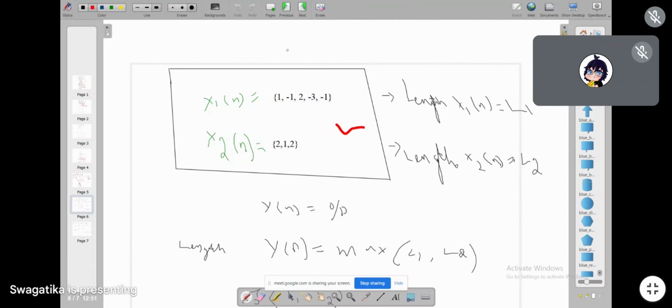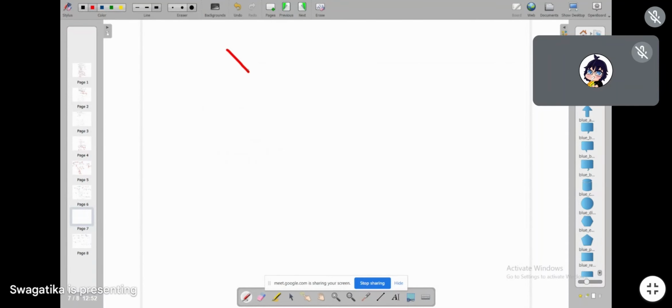Now for your program I am just giving you hints. x you have given, y you have given. Now the convoluted signal, I am taking it as z. This one is my convoluted one.